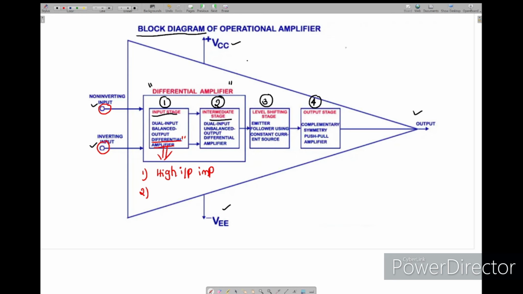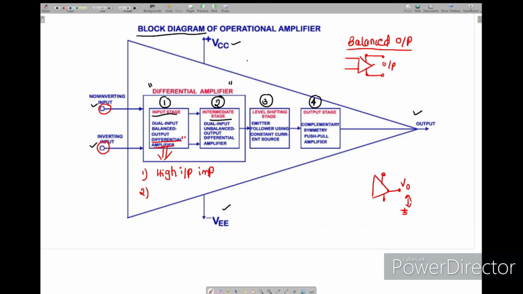I will explain it for 1 minute here. See, balanced output is nothing but, if you take this op-amp with 2 power supplies and take the output across them, this is balanced output. If you take the output at one power supply and one ground, this is V0.